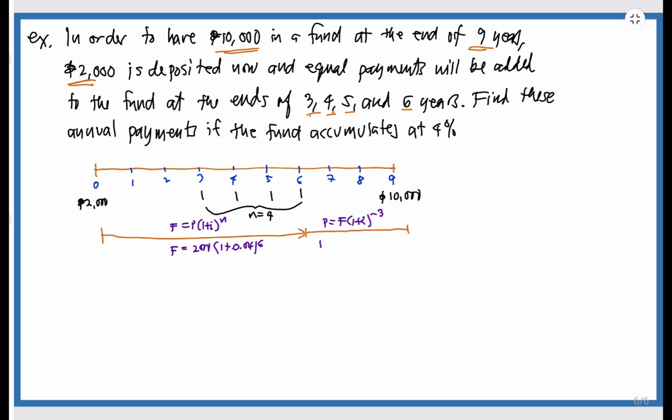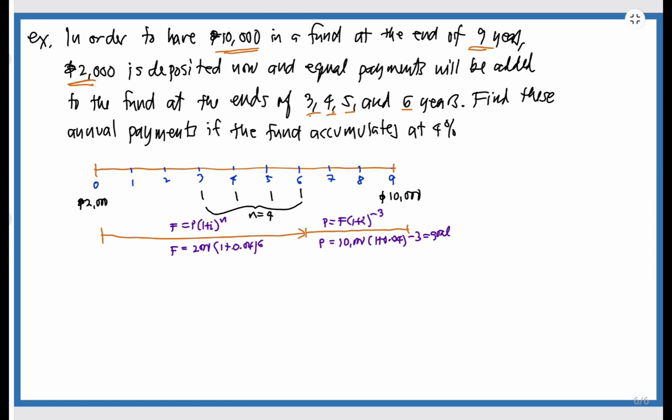So P is equal to F, which is 10,000 times 1.04 to negative 3. So in other words, this is now the goal, it's S, right?